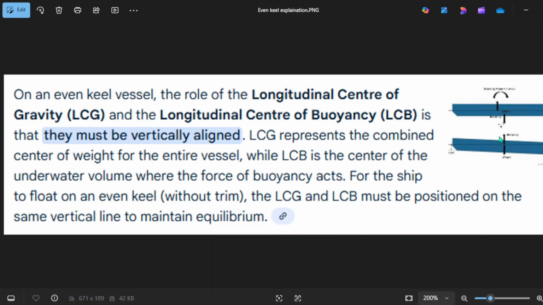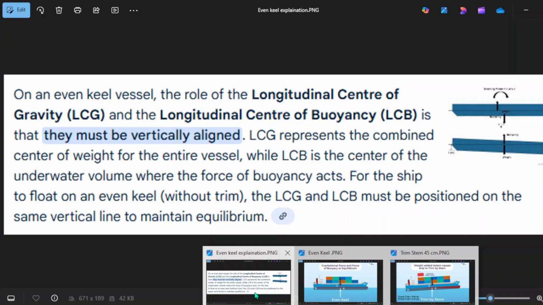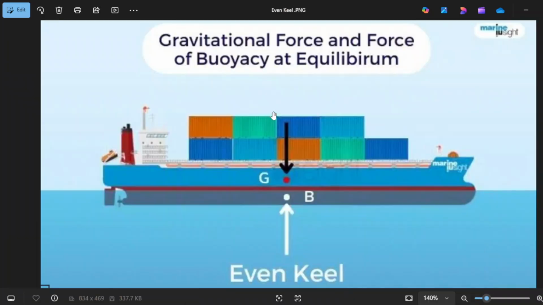So they are in one line, and there will be no trim because they must be vertically aligned. The weight of the entire vessel will push the vessel downward to sink, and the buoyancy of the water will push the vessel upward. So they are in one line, so there will be no trim. That's what it means there.